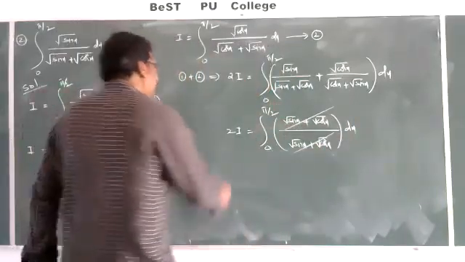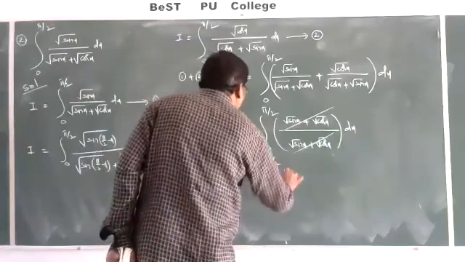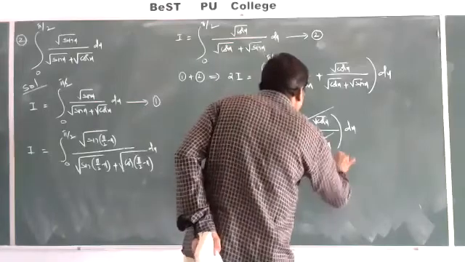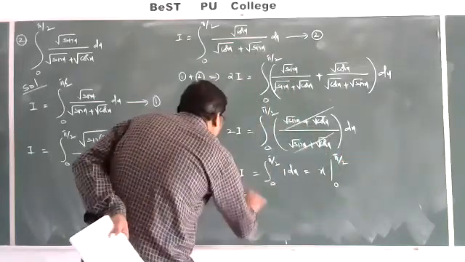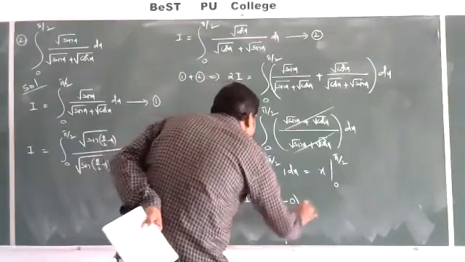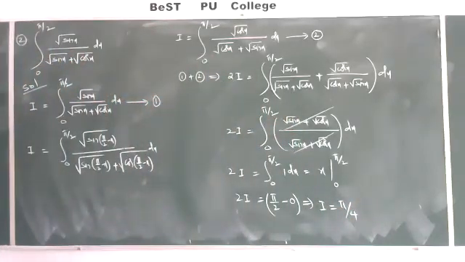Both cancel, then you get 1. 2I is equal to integral 0 to pi by 2 of 1 dx. The integration of 1 is x from the limits 0 to pi by 2. That is, 2I is equal to upper limit pi by 2 minus lower limit 0. That implies I is equal to pi by 4.